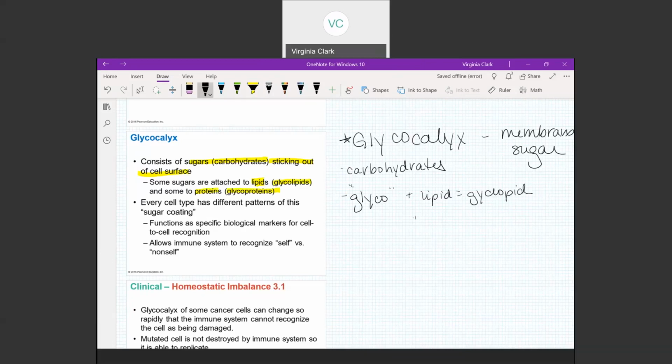If it is a sugar plus a protein, it's a glycoprotein. So it's either a sticky or sugary lipid or a sugary protein. But these are really important, and they can also act in cell recognition. This is what they're really important for.